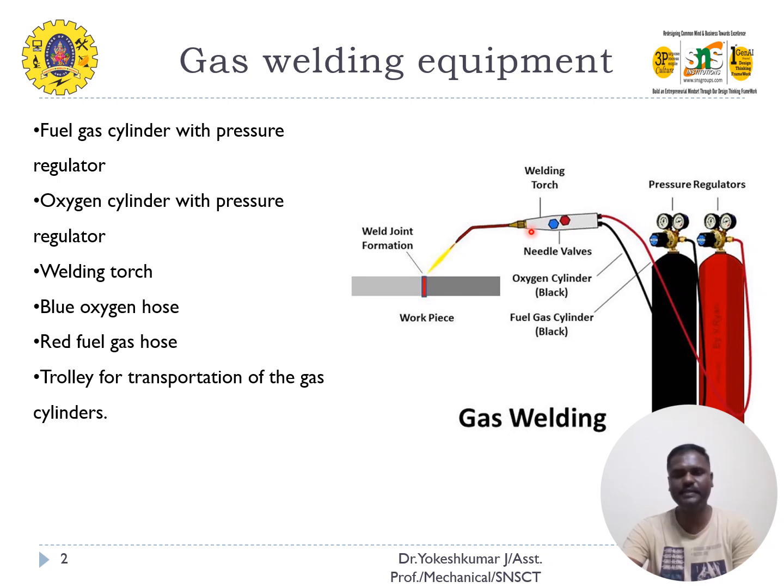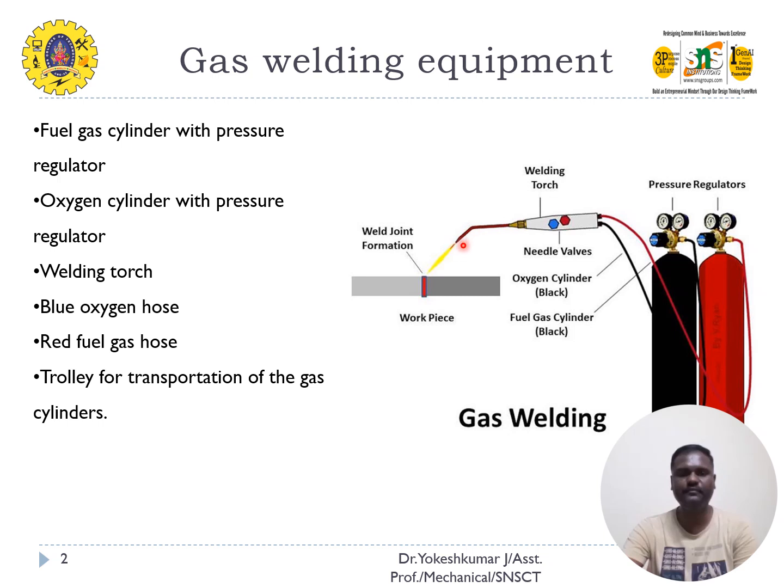To connect the welding torch and the cylinders, we have hoses of two colors. One is a red color hose, used to create a flow between the welding torch and the acetylene cylinder, and the other is a black color hose, used to connect the oxygen cylinder and the welding torch.